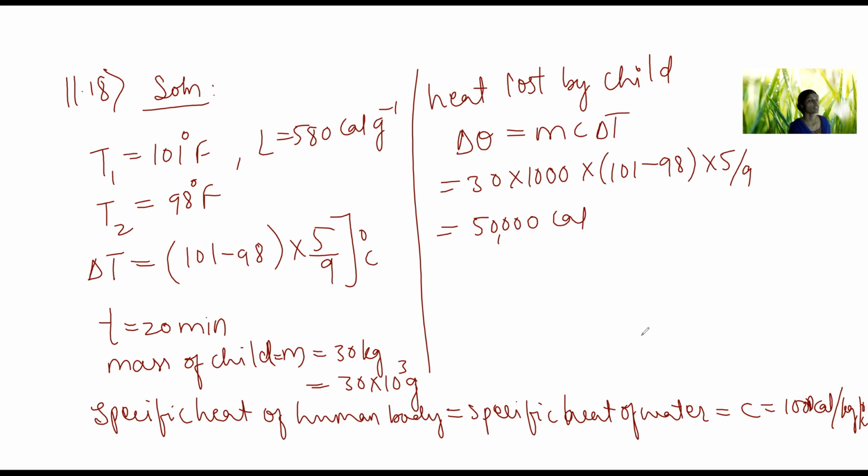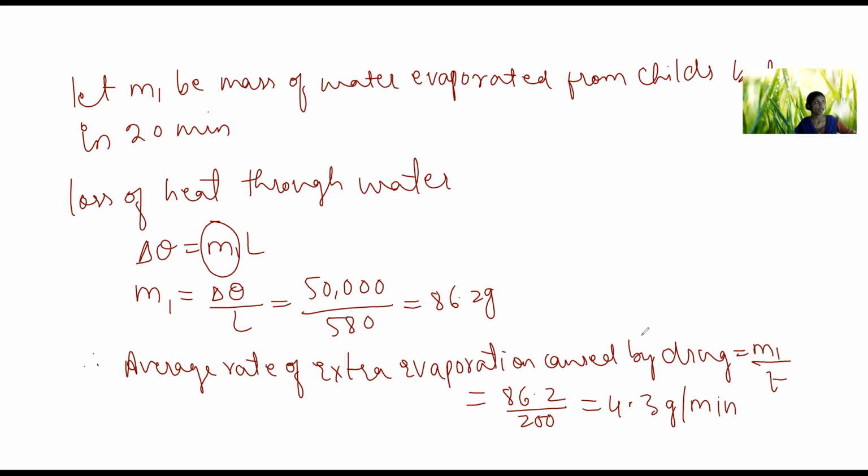So 11.18: by using the given data, we wrote the given things. By using all those, we calculated heat lost by the child. That is given by the formula delta theta is equal to mass into specific heat into change in temperature. And then M1 be the mass of water evaporated from the child in 20 minutes.